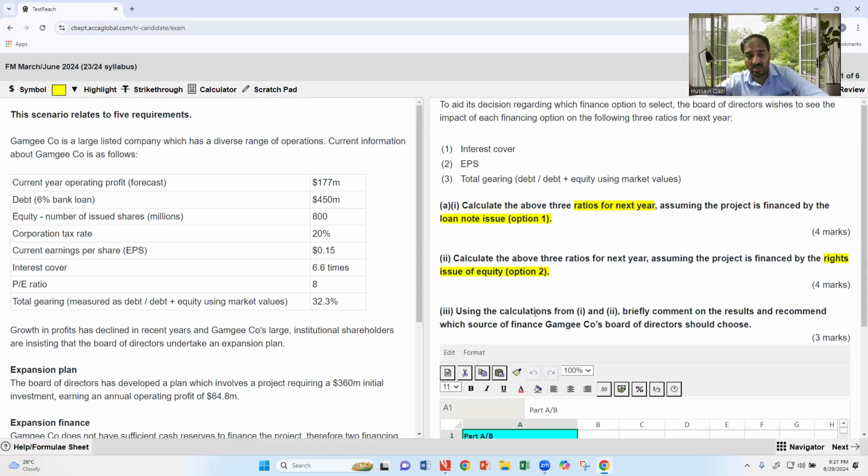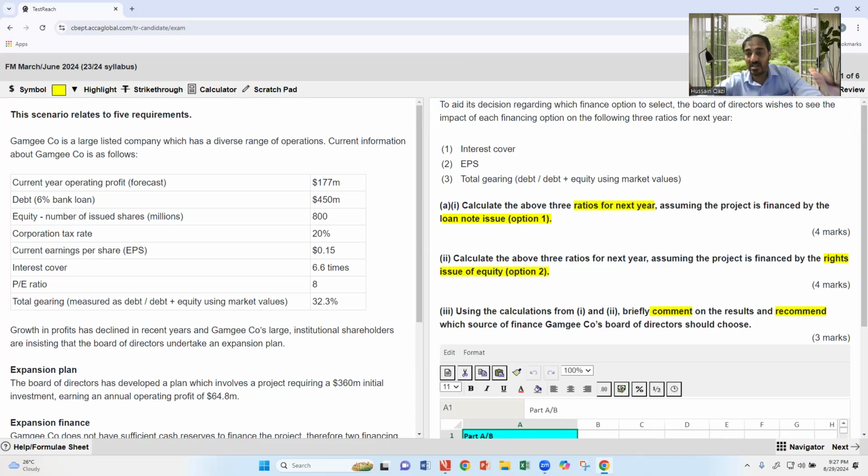And using calculations 1 and 2, briefly comment on the result and recommend which source of finance the board of directors should choose. So number one, the theoretical point, that's comment, and number two, recommend.